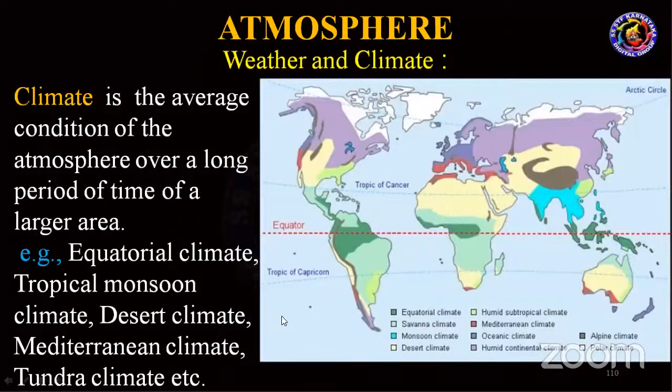It is used to identify an area's climate, such as equatorial climate, tropical monsoon climate, desert climate, Mediterranean climate, and tundra climate.